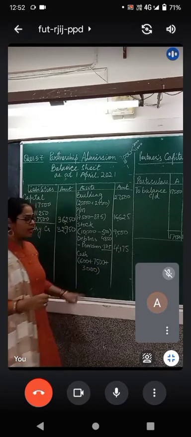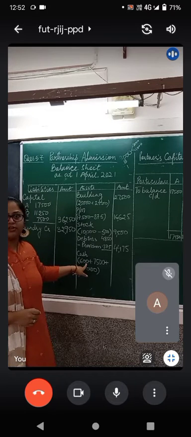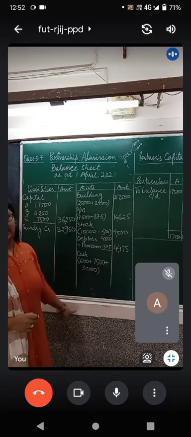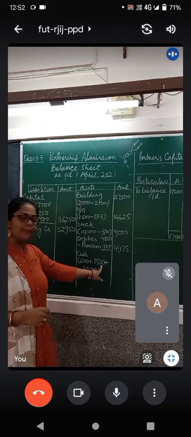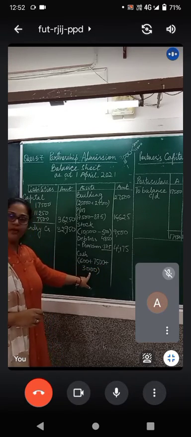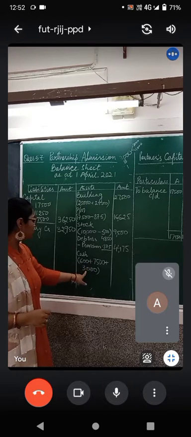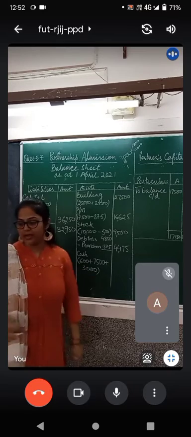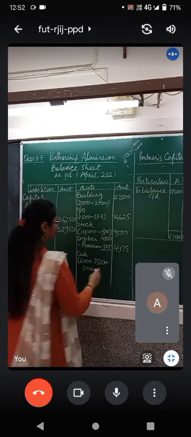Are you able to understand? 600 was the old balance of cash account and C brought two amounts, one for goodwill and one for capital. So for capital he brought this much and for goodwill he brought 3,000. Just add: 11,100 rupees.